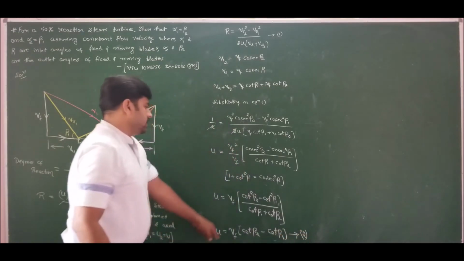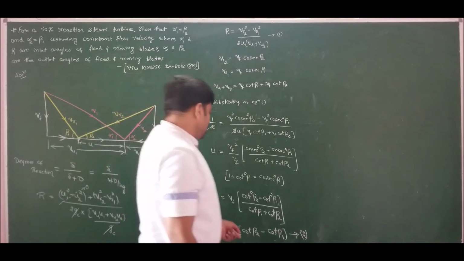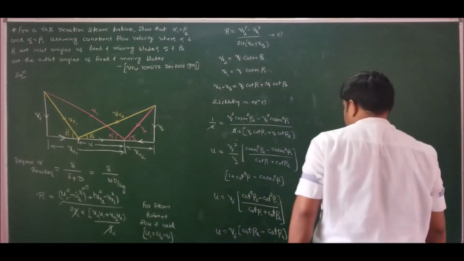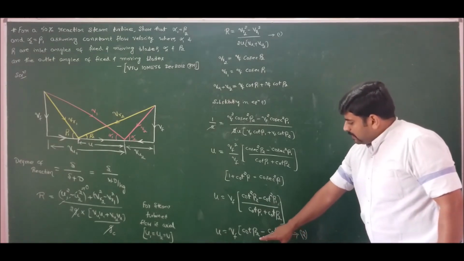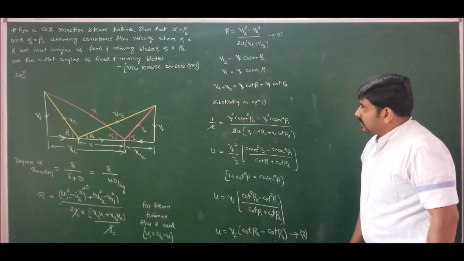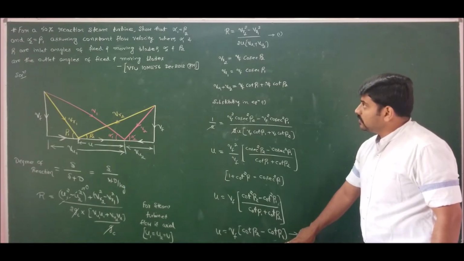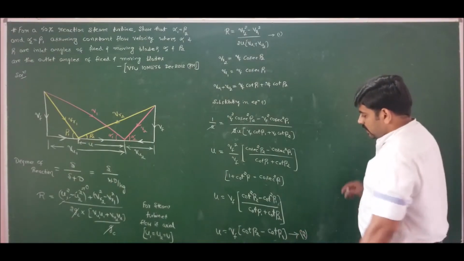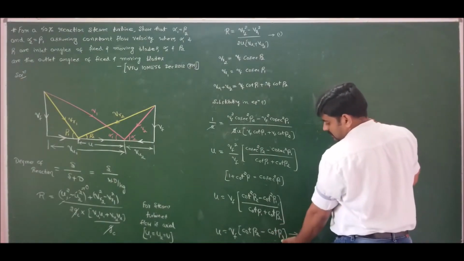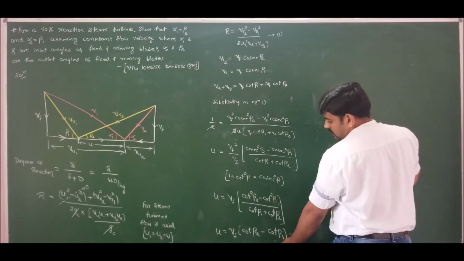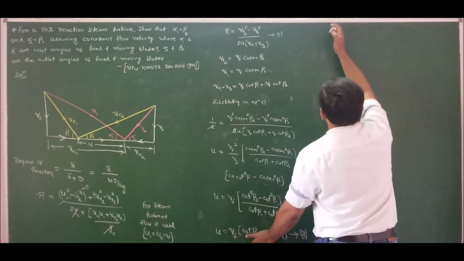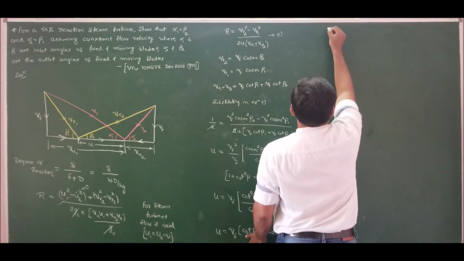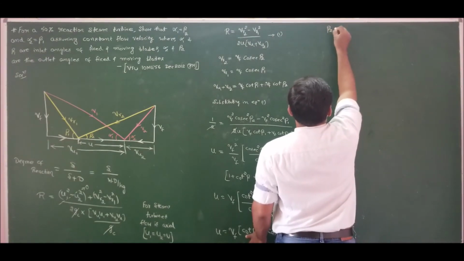Now with the help of equation 2 I can prove that beta 2 is equal to alpha 1 and beta 1 is equal to alpha 2. In order to prove this, keep one constant and replace what I want to prove. So let me take beta 2 constant for the first case, with beta 2 and alpha 2.